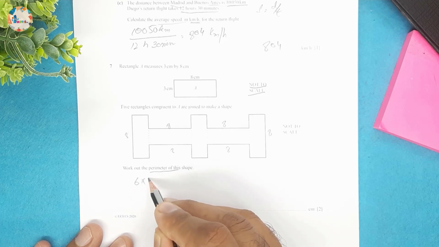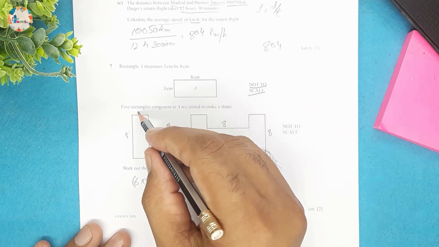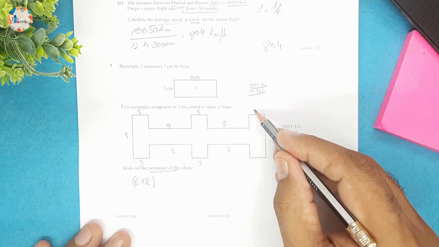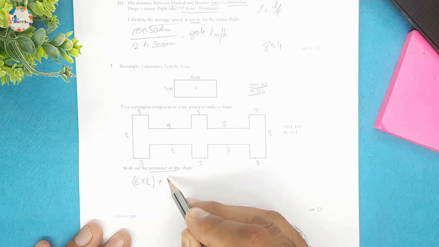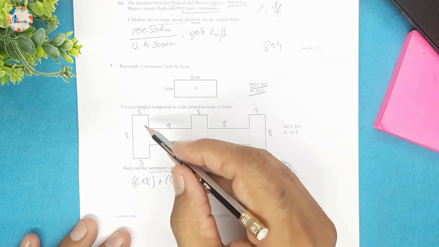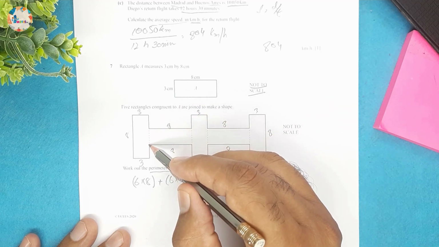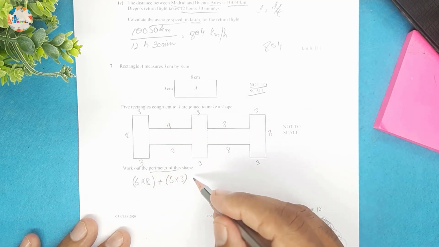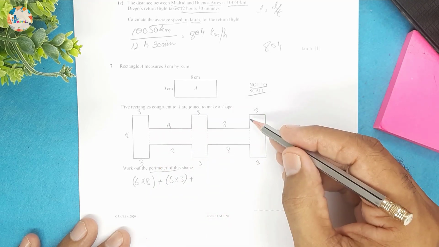So we can write 6 into 8. Then 3. So this is 3, 1, 2, 3, 4, 5 and 6. So this side will be plus 6 into 3, and then come to these sides. This is basically 3 we will subtract from 8, so remaining will be 5. So these two will combine to 5, 1, 2, 3 and 4.